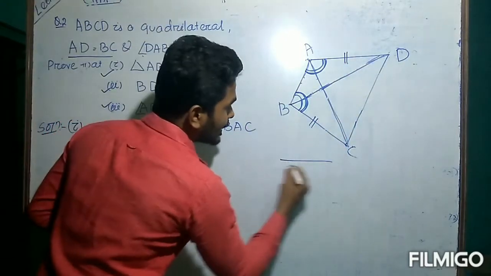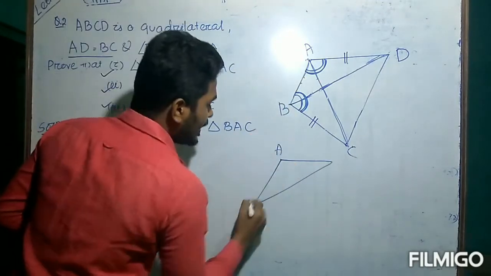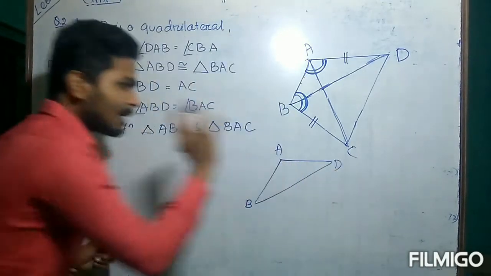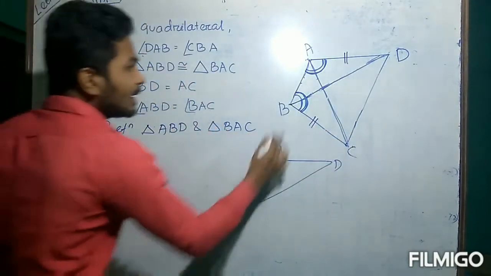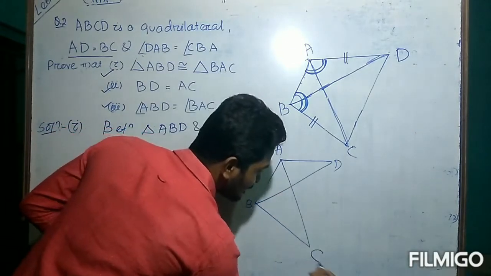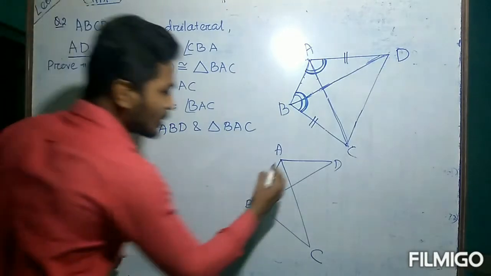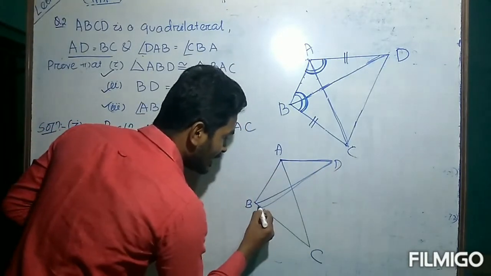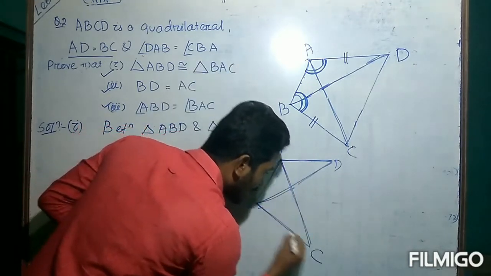ABD, like this, is the first triangle. And BAC, so BA, another triangle, C. Forget about CD. Only consider this triangle.